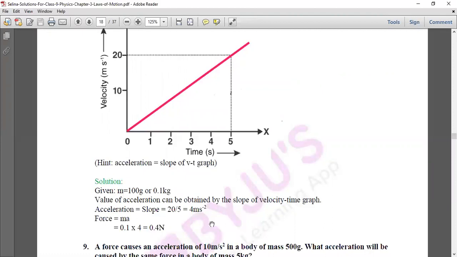Now that we know acceleration, can we calculate force? Yes. Force is equal to mass into acceleration, which is 0.1 kg into 4 meter per second square. Therefore our force is 0.4 Newton.